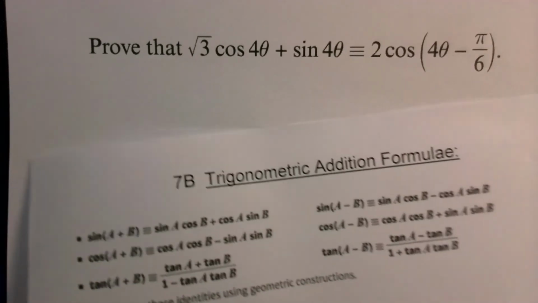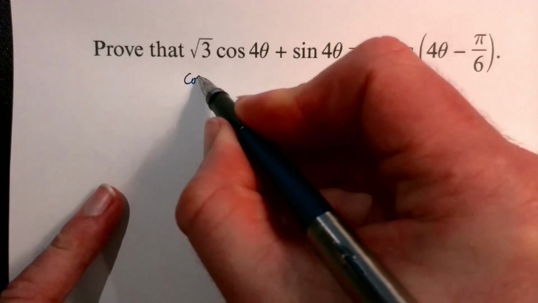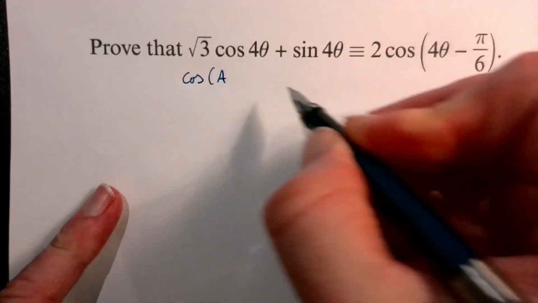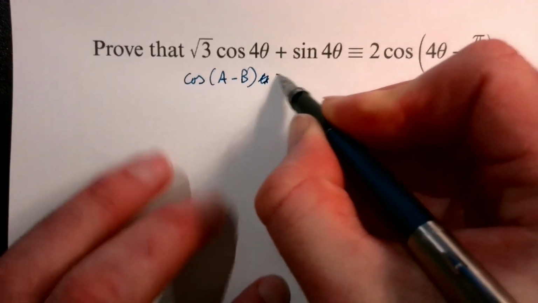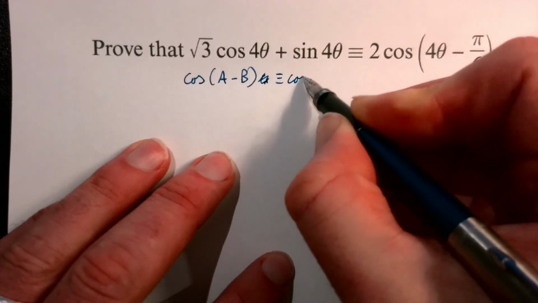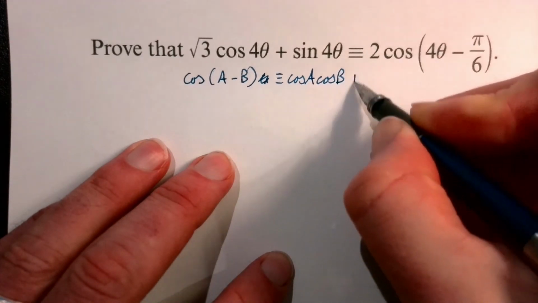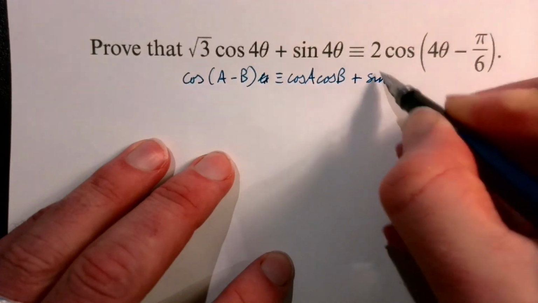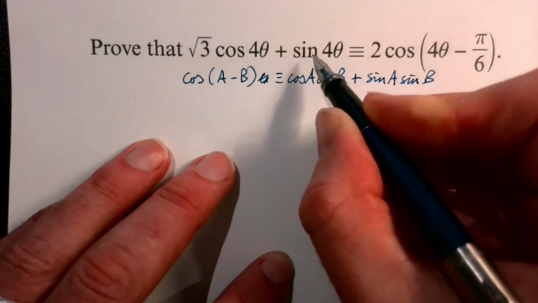So we're going to go with that. So just to remind you what that is, cos A take B is going to be identical to cos A cos B, add this time sine A sine B, and that's nice because we want some sines to come into it, don't we?